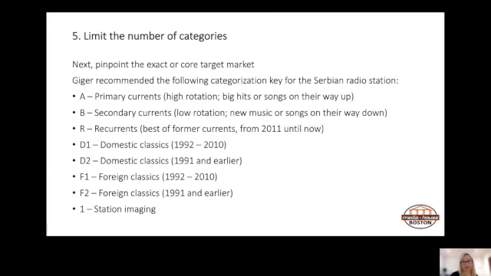Then you limit the number of categories that you have. So you have your high rotation, you have a low rotation, you have a current rotation. You might have local songs, you might have international or foreign or African songs or whatever it might be, and then you have your imaging.